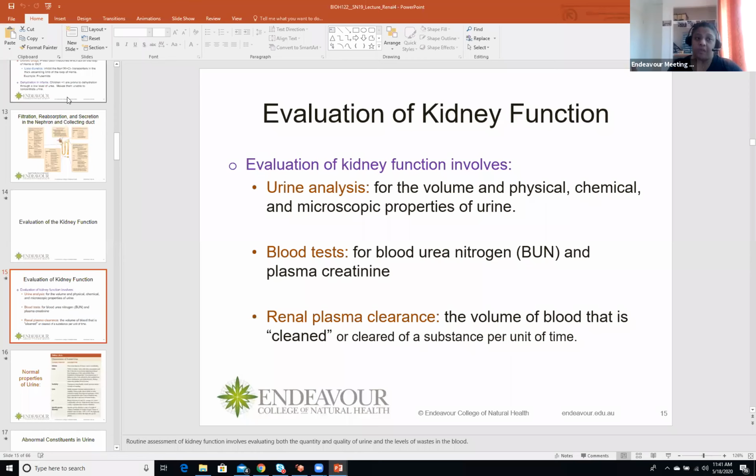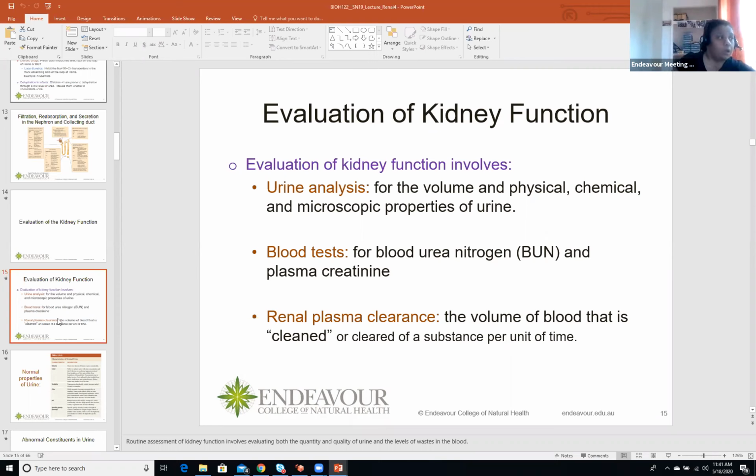So what we are basically looking at is how much creatinine was present in the blood and how much of that has been cleared in the urine. So we look at the plasma concentration of the creatinine, we look at the creatinine in the urine, and we use those numbers to calculate the plasma clearance of the creatinine. It's called the creatinine clearance test, CCT.